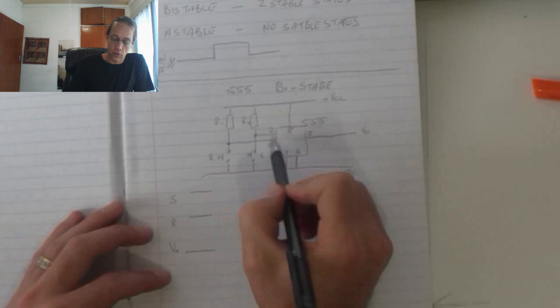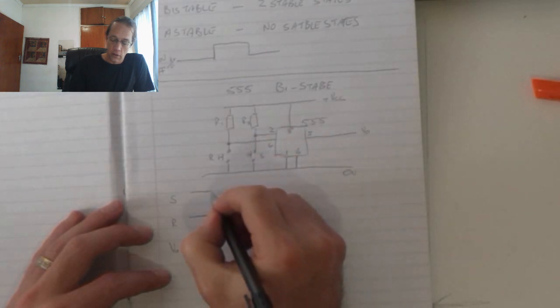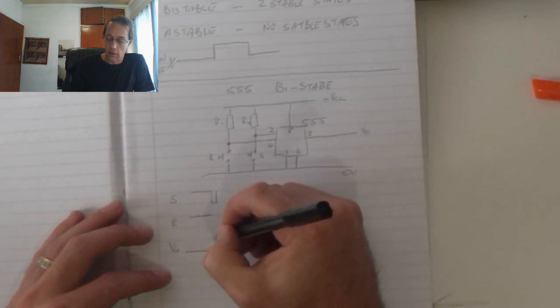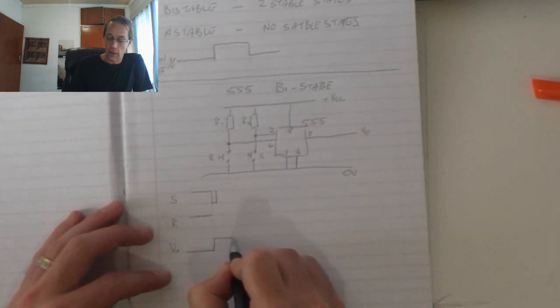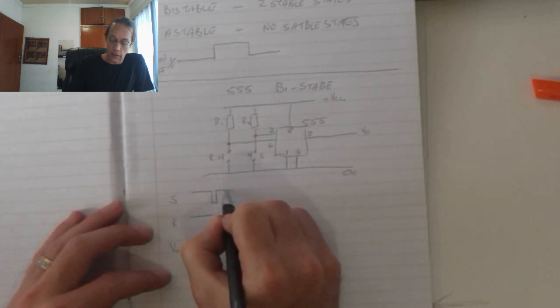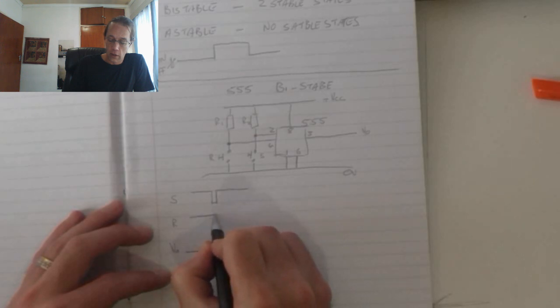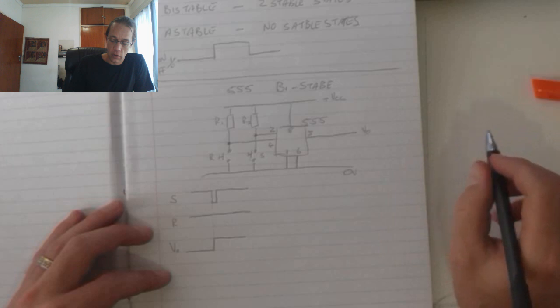Okay. Now when I connect this switch, my set switch, this voltage will go low for a brief period in time. As it goes low, my output will switch into the high state and it'll remain there until I manually change the voltage by means of the reset button.